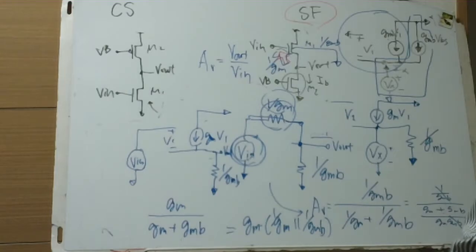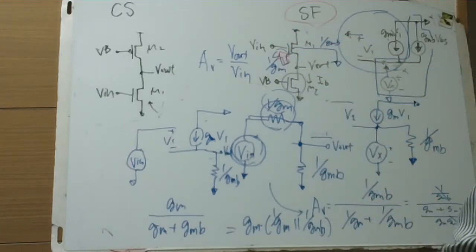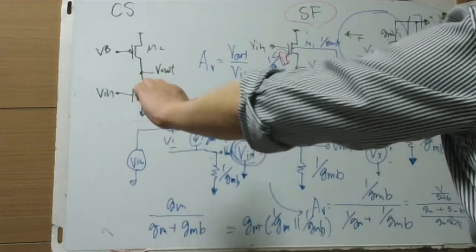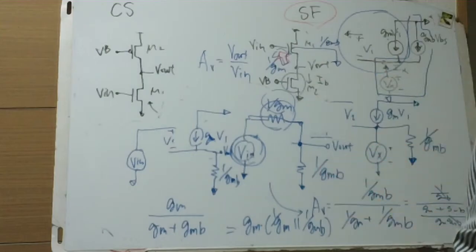Please, we must say again what V in and V1 are. V1 is the gate to V out source voltage, and V in equals the gate to ground voltage, and this is the small signal equivalent. V in difference appears almost equally from V in to V out.